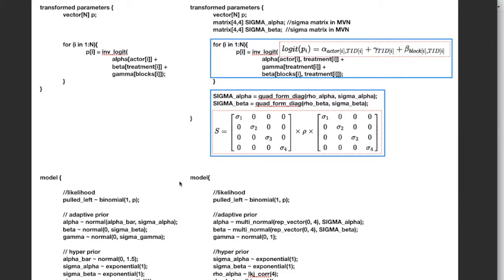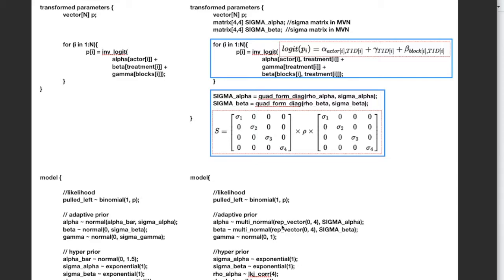The likelihood functions for chapter 13 and chapter 12 are the same, and for the first-level prior, we now use the multi_normal function instead of the normal function. Notice that I just set the average effect for all the alpha values to 0, so I use a repeat_vector function, and Stan will repeat 0 four times. You can replace this repeat_vector with another alpha bar vector if you want.